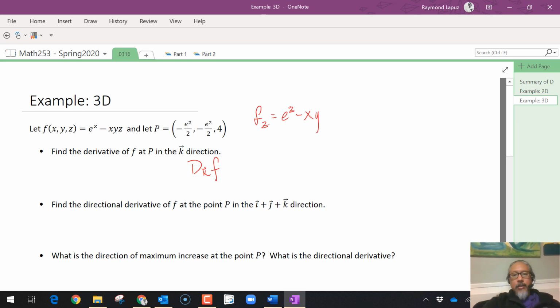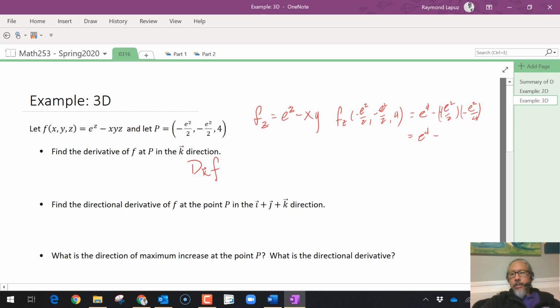And so we need to evaluate this. F_z evaluated at this weird looking point, e squared over 2, negative e squared over 2, comma 4. And so I have e to the 4th minus x, that's negative e squared over 2, and then negative e squared over 2. That looks like it will be e to the 4th minus, negative negative is a positive, so this stays negative, e to the 4th over 2.